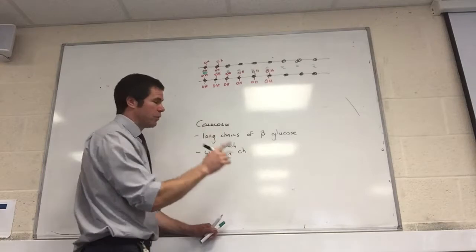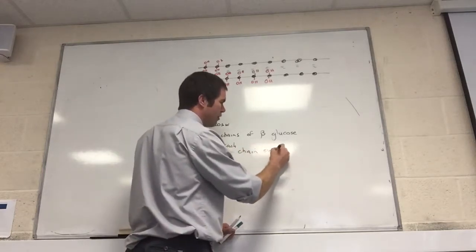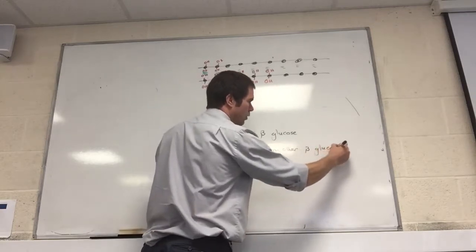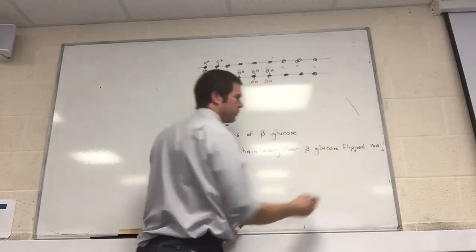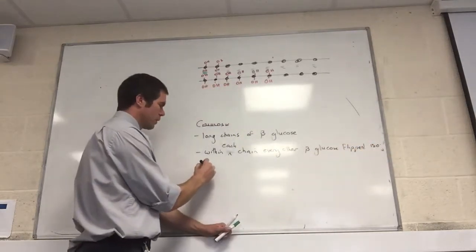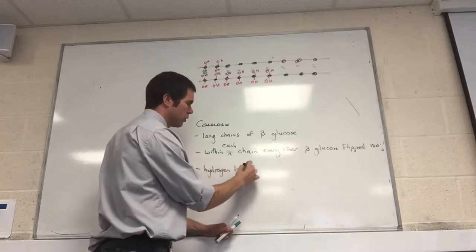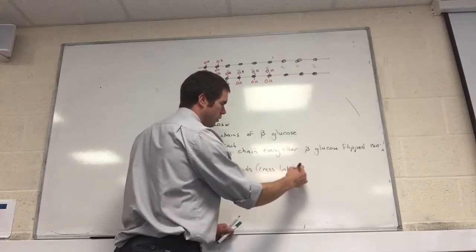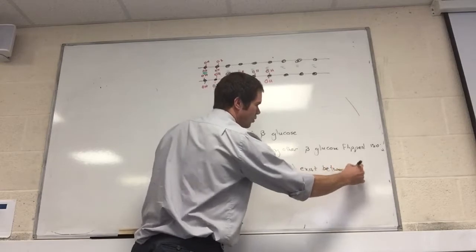I want to be clear, I don't want to be ambiguous. Within each chain, every other beta-glucose is flipped 180 degrees. Hydrogen bonds or crosslinks exist between chains.